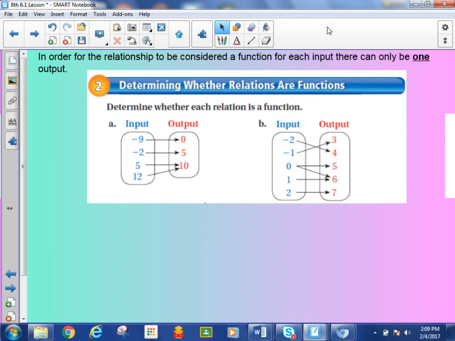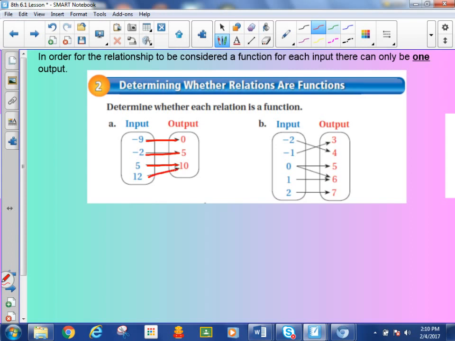The important part is that in order for a relation to be considered a function, there can only be one output for each input. In other words, we can't have 2 arrows coming off of one of our inputs. Here's 1 arrow going to one output, 1 arrow going to one output, one arrow going to an output, and one arrow going to that same output.